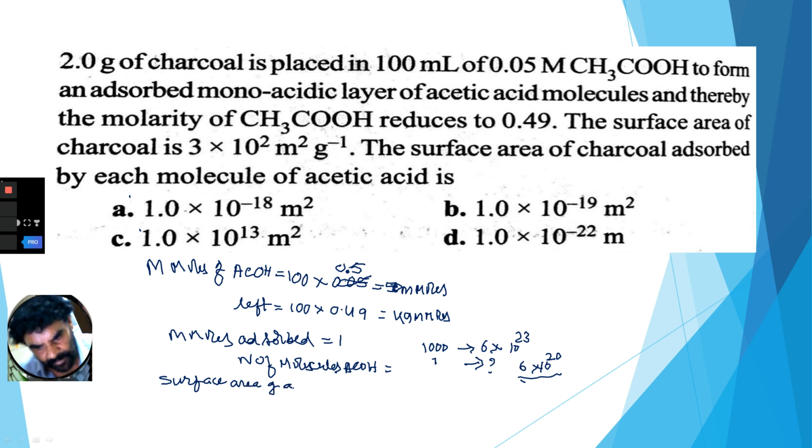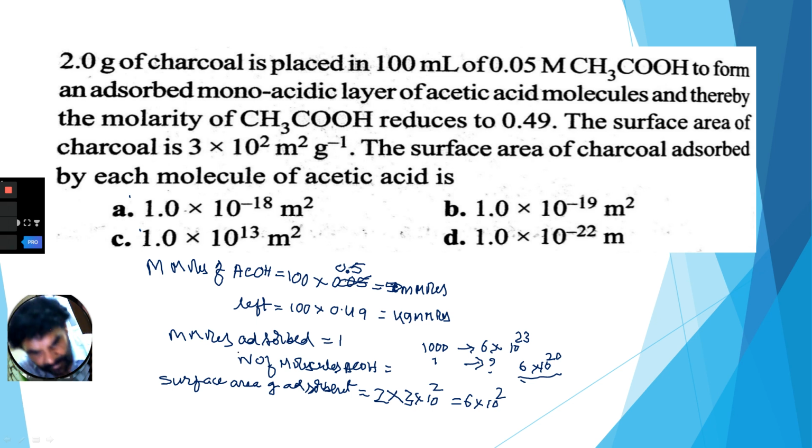Area of adsorbent. I told you, 2 into 2 grams per gram is given, 3 into 10 to the power of 2, that is 6 into 10 to the power of 2 meter square, the total surface area.